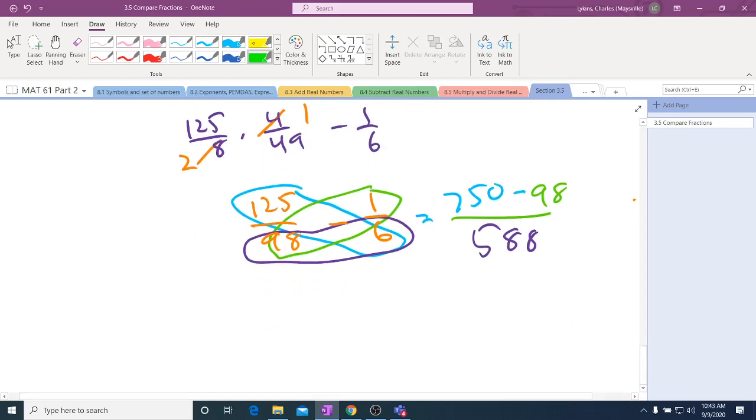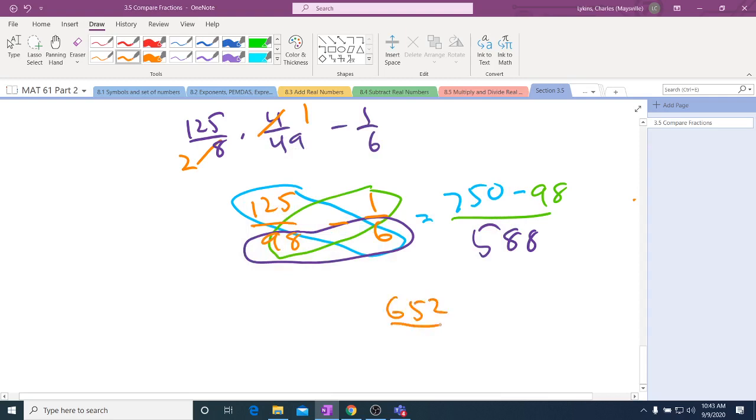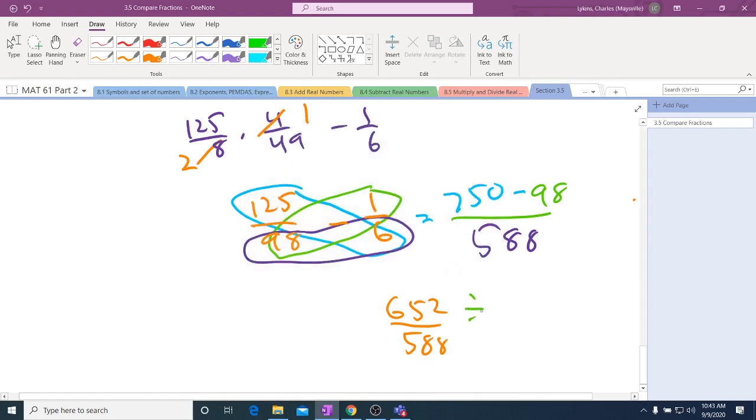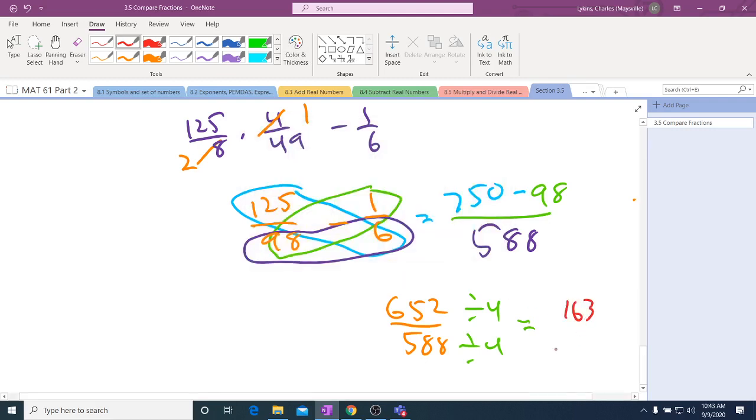We're almost finished. I get 652 over 588. And then you can divide by 2 if you want to, but because I know this, I'm going to just divide by 4. I'm going to step it up and see if 4 goes into it, since both of them are even. You can always just divide by 2 as well. And when I do this, I get 163 over 147.